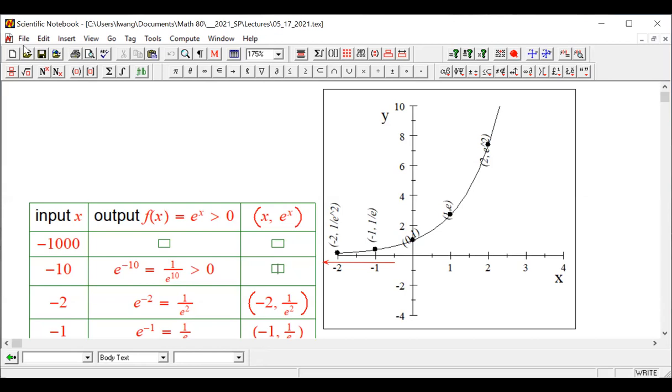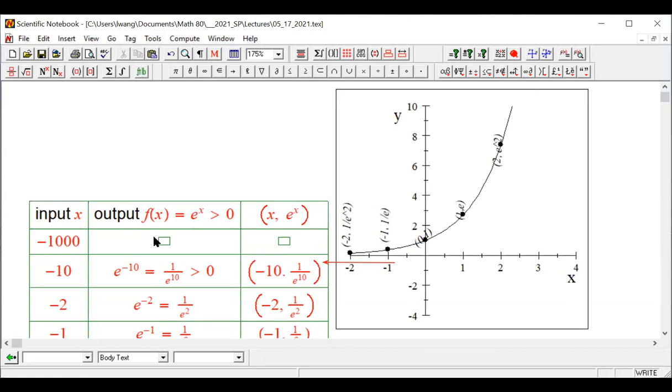So that point is going to be way over there to the left, but the output is going to be above the x-axis. The same thing is true for e to the power of negative 1000. So that point is going to be above the x-axis as well.